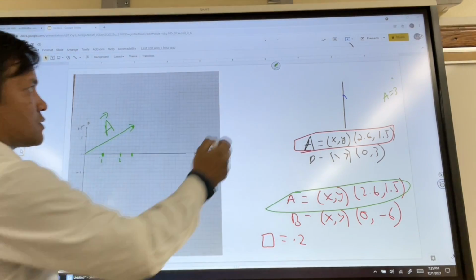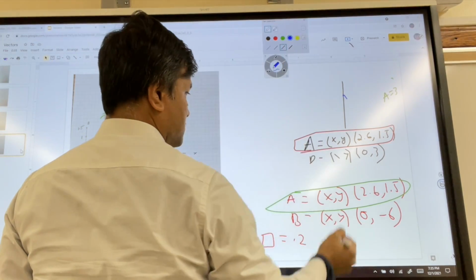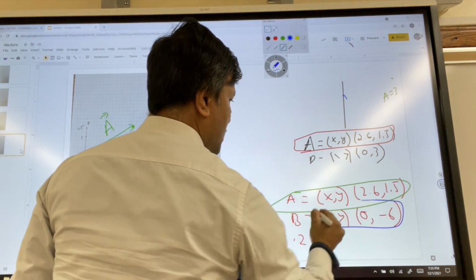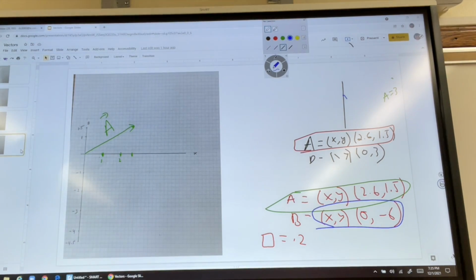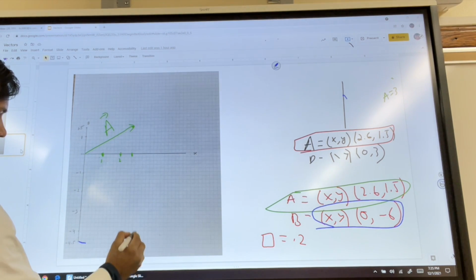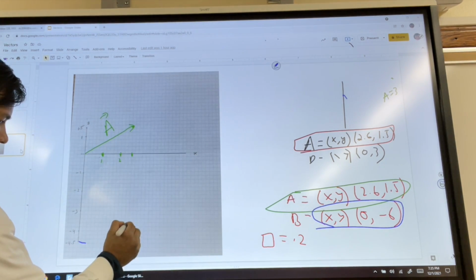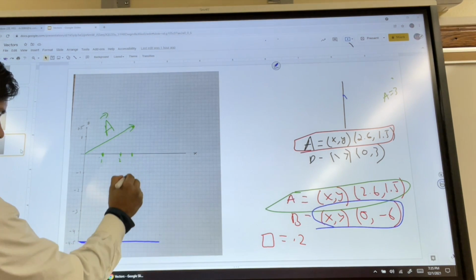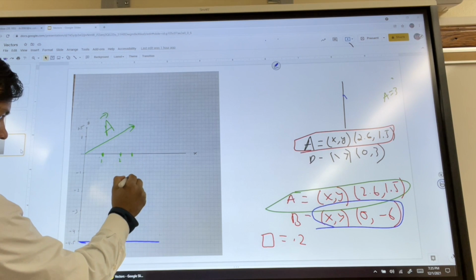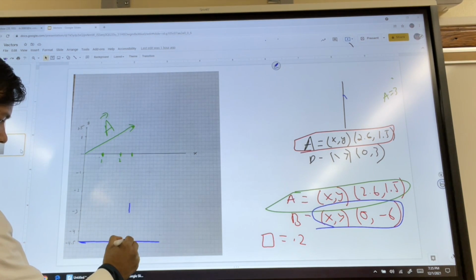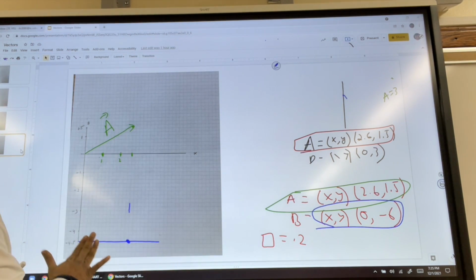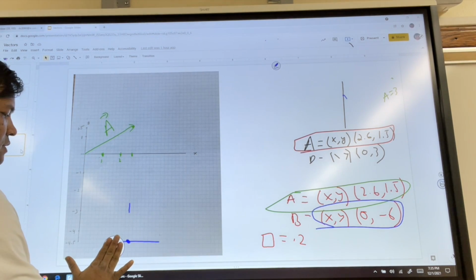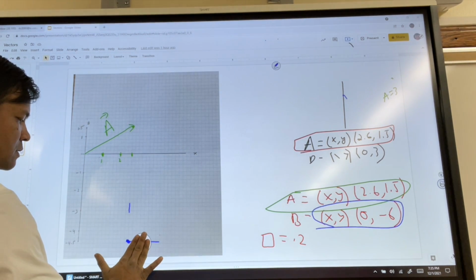Now I'm going to do vector B. Vector B is 0 comma negative 6. So 0 comma negative 6, I'm going to go all the way over here. So this is my 0 comma negative 6. Try to get that as correctly as possible.